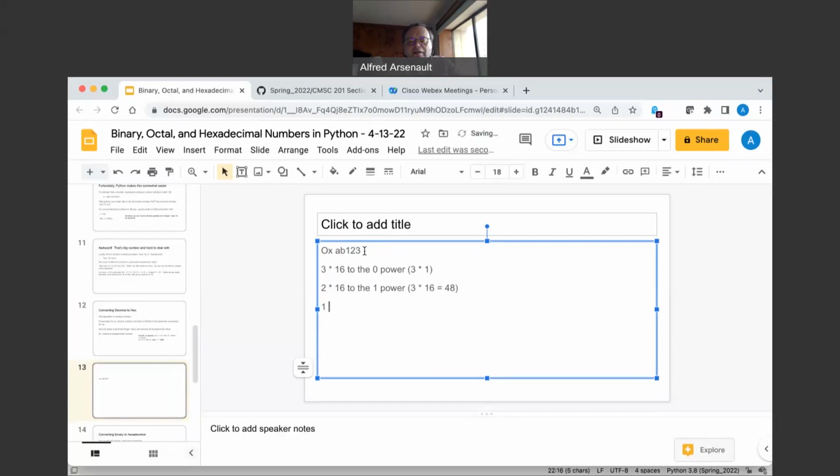Then 1 times 16 to the second power. 16 squared is 256, so this is 2 times 256, which is equal to 512. Then you'd have B, or 11, times 16 to the third power, and then A, or 10, times 16 to the fourth power.